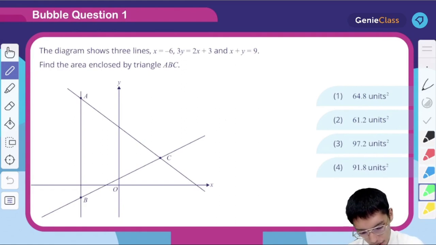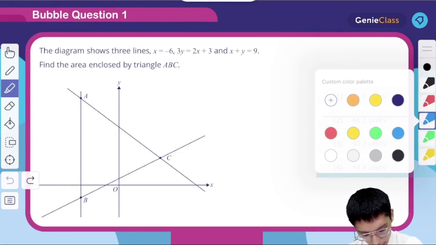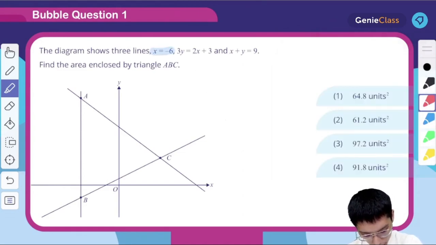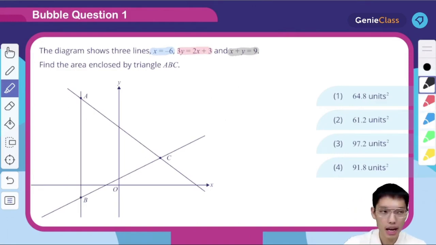In this case, I have 3 lines over here. x is equal to minus 6. 3y is this. And 3x plus y is 9. What are my equations?